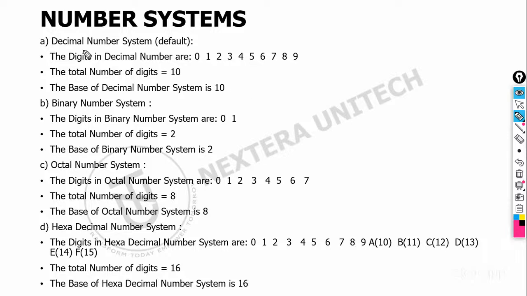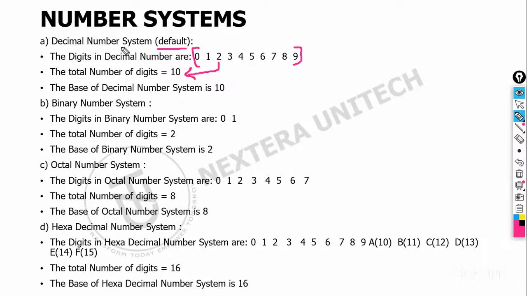The first number system that we have is the decimal number system, and this is by default the number system that we are using. What digits do we have in the decimal number system? Starting from 0 till 9: 0, 1, 2, 3, and so on till 9. These are the digits in the decimal number system, and in total there are 10 digits.